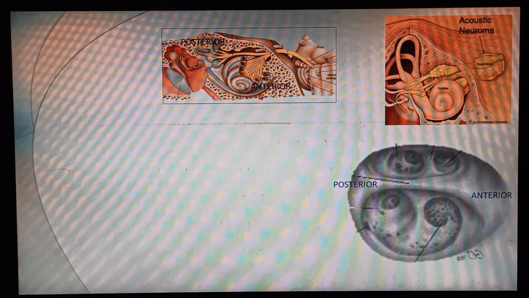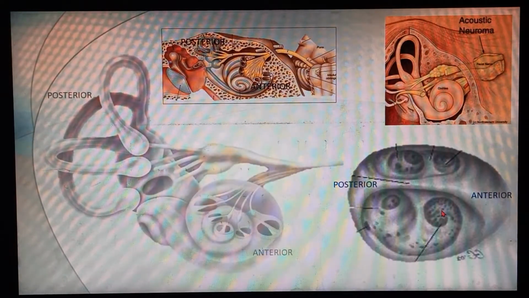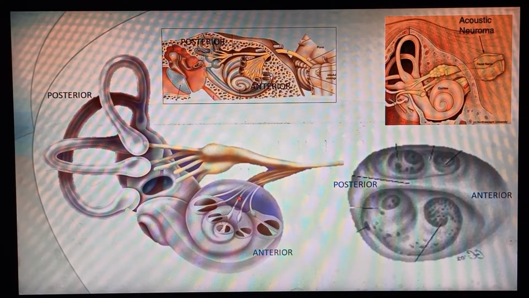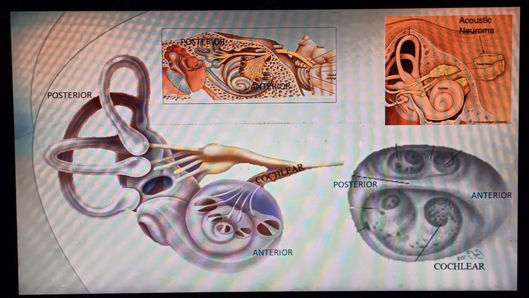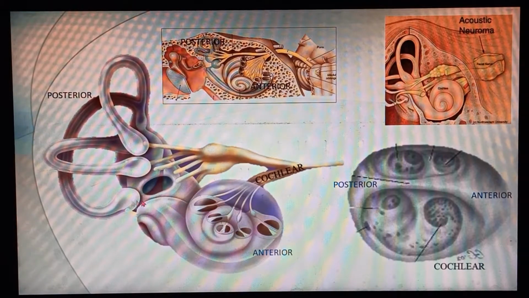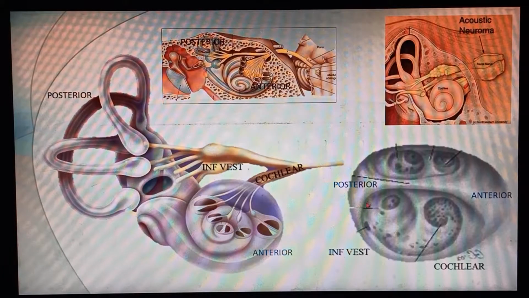All these cochlear fibers join to form a common cochlear nerve, and this enters the antero-inferior part of your internal auditory canal. As you go posterior-inferiorly, there is the inferior vestibular nerve, occupying the posterior-inferior part of the internal auditory canal.